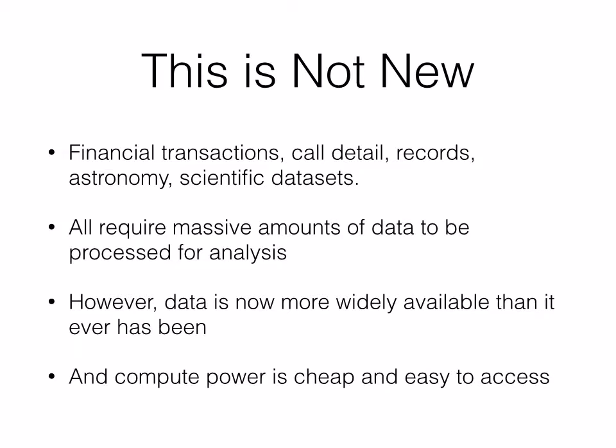But the way that science is doing large-scale experiments that require massive amounts of processing, where it used to be something where universities were working strictly with other universities for the ability to process this data, is changing drastically.